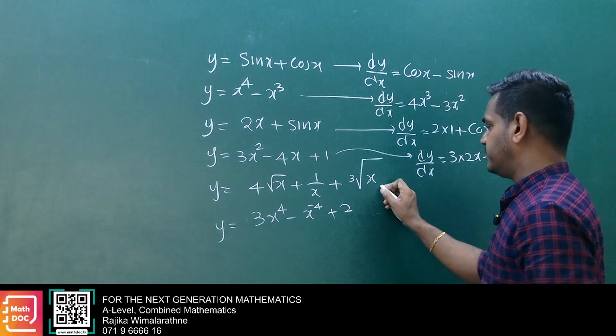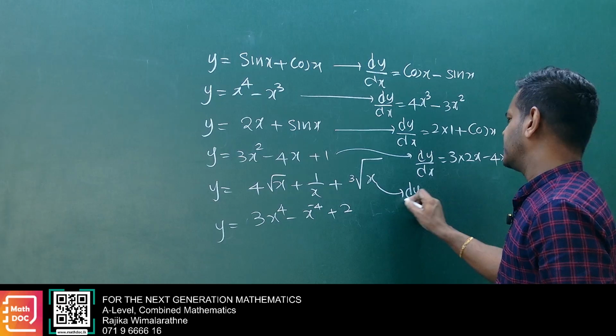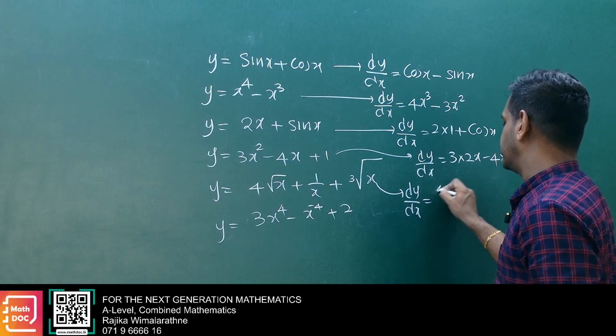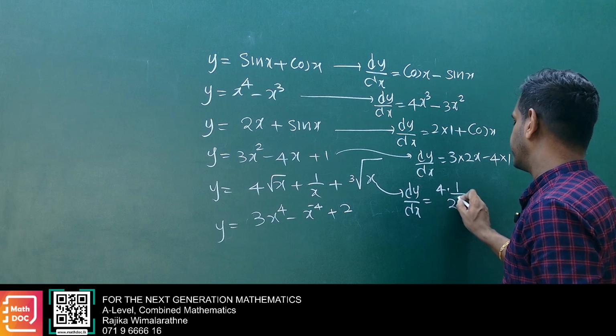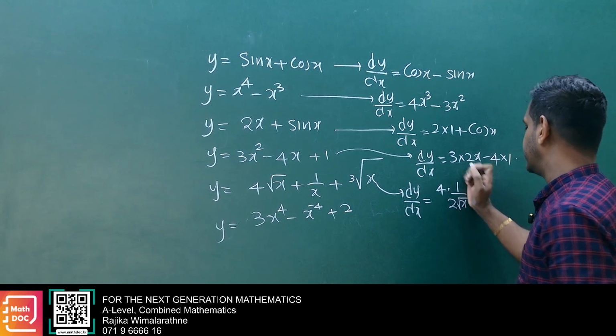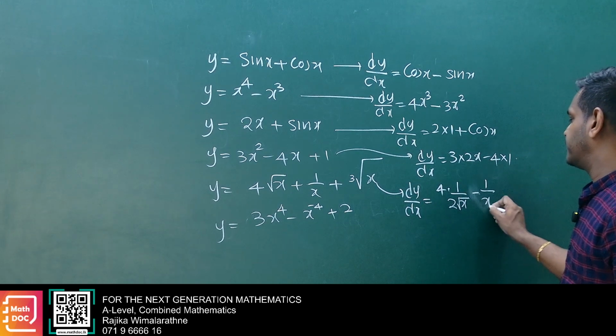Here cube root. Then dy by dx: square root derivative is 1 over 2 root x. 1 over x derivative is minus 1 over x square.